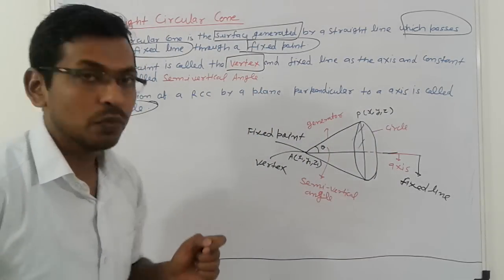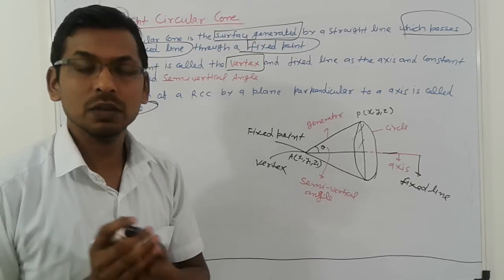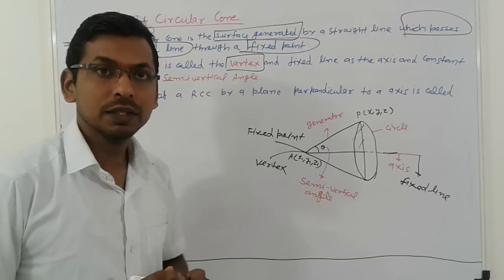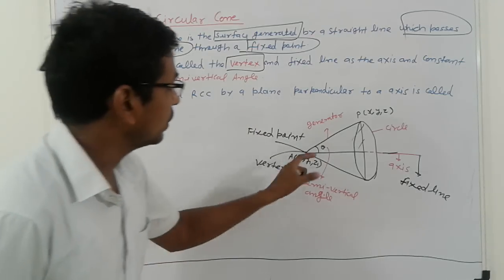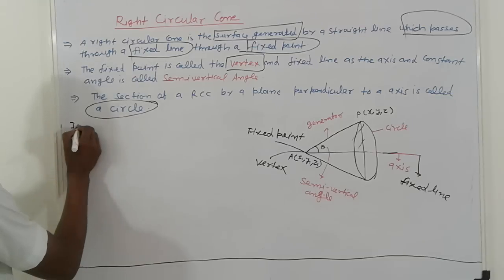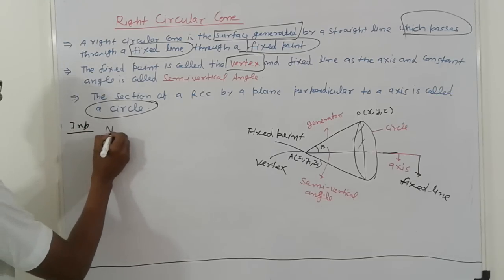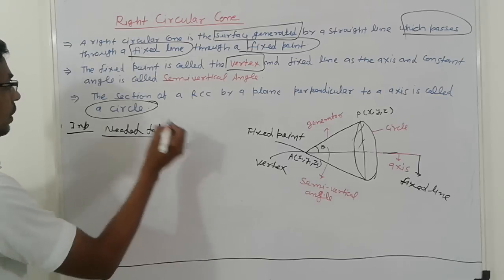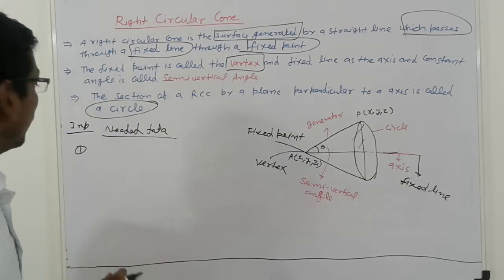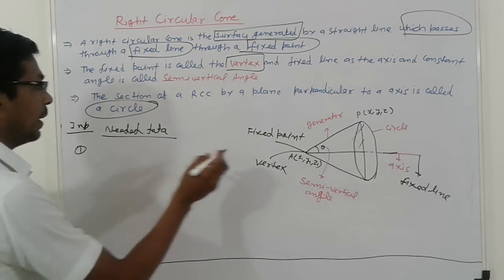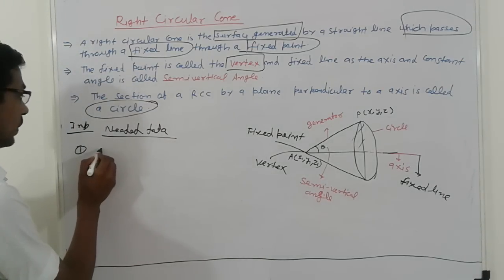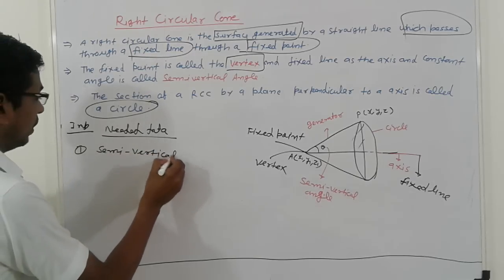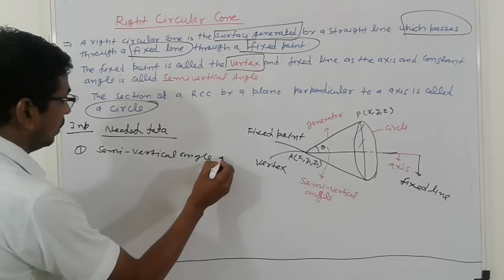So what data is needed first to find the equation of a right circular cone? First, the coordinates of the vertex. First, the semi-vertical angle theta.